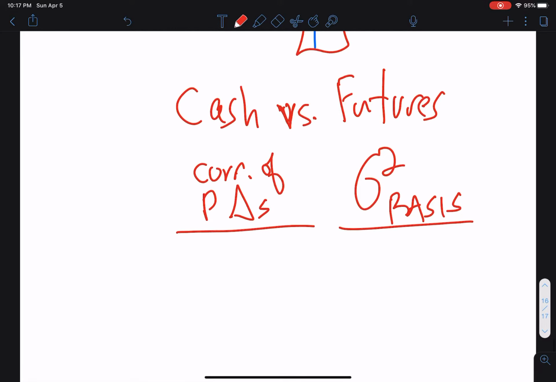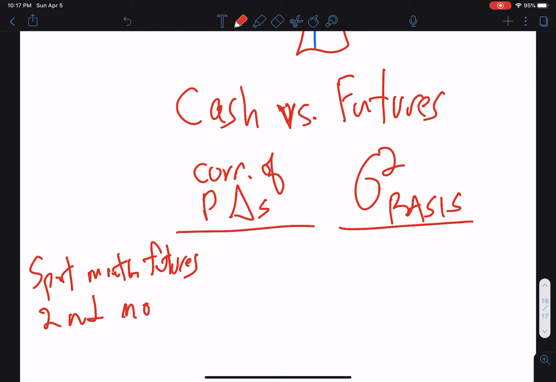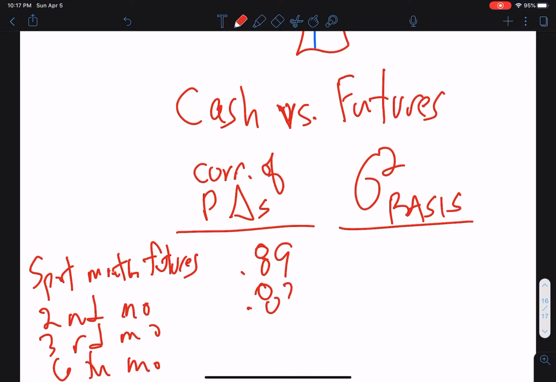And it's not uncommon to see something like this. Spot month futures, and then second month, third month, maybe sixth month. And you see numbers similar to this with certain assets. The specific asset doesn't matter, but you see things like this.